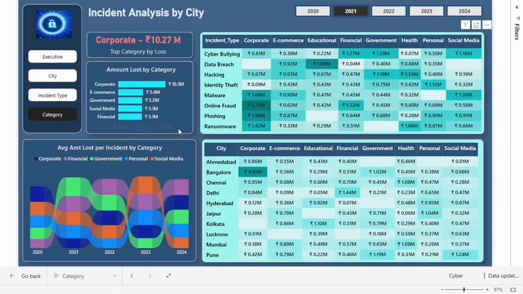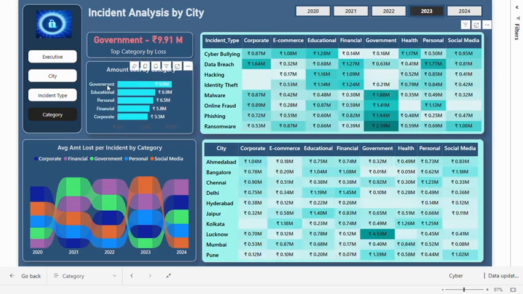Here in this chart, I understand that apart from the corporate sector, we see incidents happening in other sectors like government, educational or personal. This indicates that cyber criminals are aiming at more vulnerable sectors. Here in these visuals, you can have a comparison of various categories with respect to incident types and various cities.